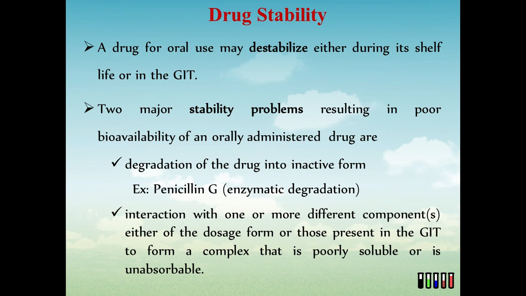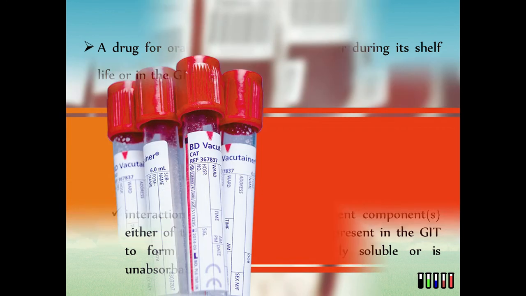Then, interaction with one or more different components, either from the dosage form or present in the GIT. That means if your dosage form contains excipients which are incompatible with each other, then also it will create a problem. Or when it comes in contact with gastric acid, then also it may lose its stability, or it may get converted into another form, and it will remain unabsorbed. That is all about drug stability.